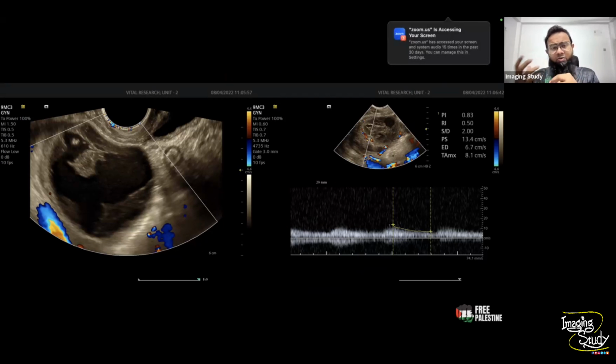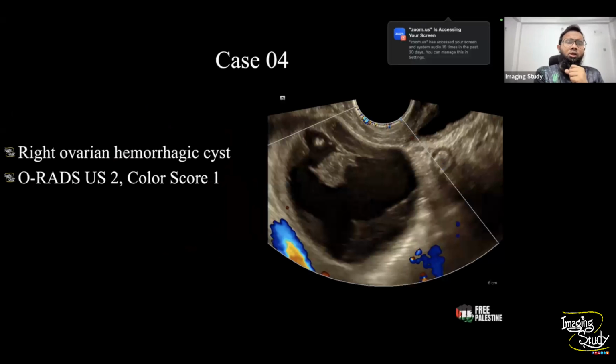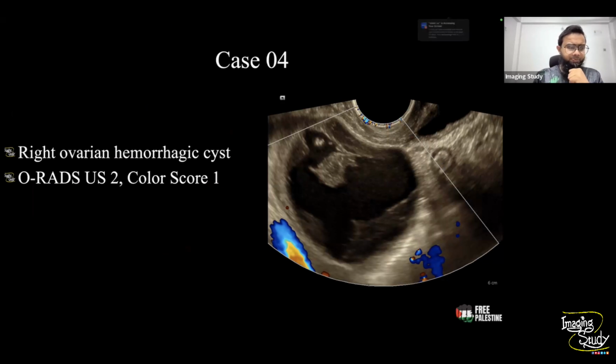Ovarian arteries or intraovarian vessels usually show a resistive index around 0.5. So this is obviously a normal flow of the ovary. So this was a case of right ovarian hemorrhagic cyst, which goes with the O-RADS ultrasound score of 2 and color score of 1.